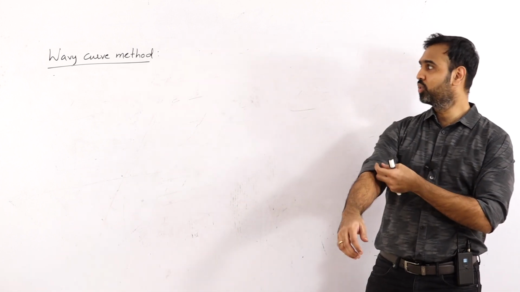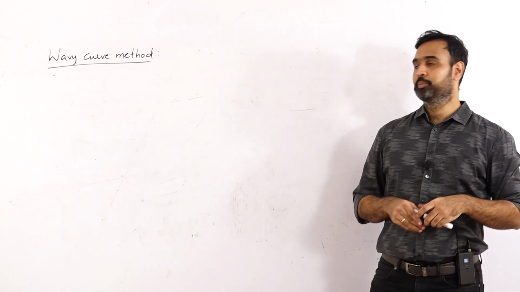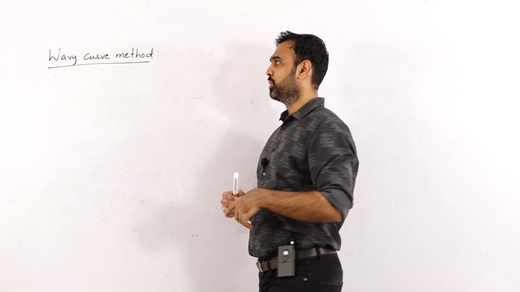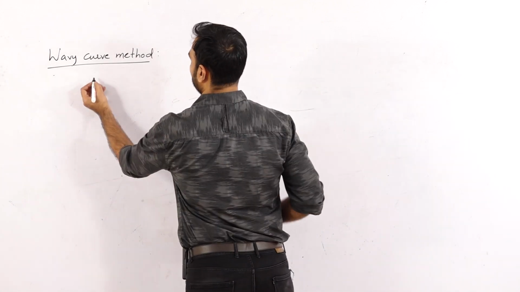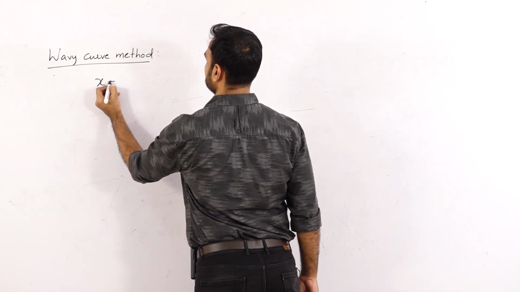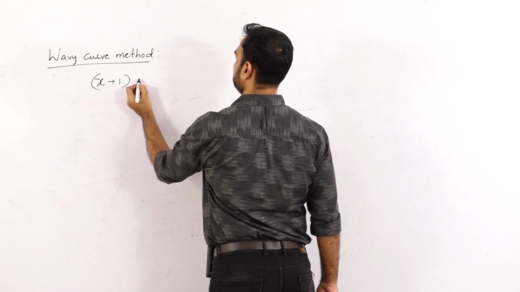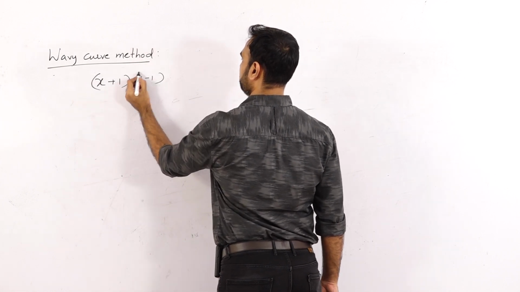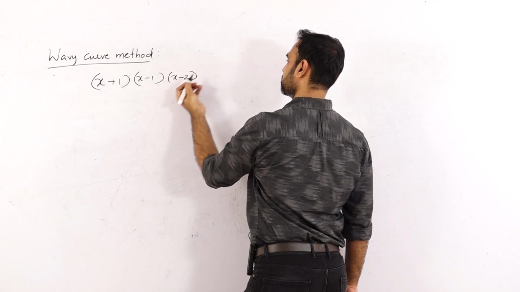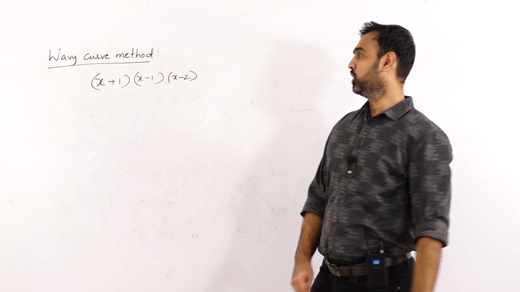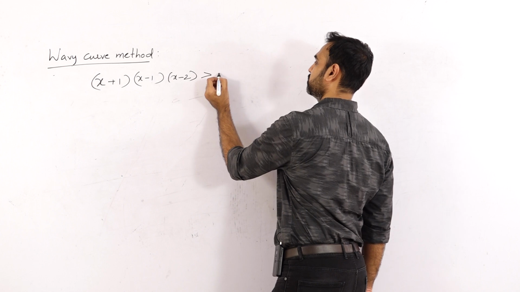Now let us see how this wavy curve method works. Let us take a simple example to understand it. Let me consider (x plus 1) into (x minus 1) into (x minus 2), some higher degree polynomial, greater than 0.